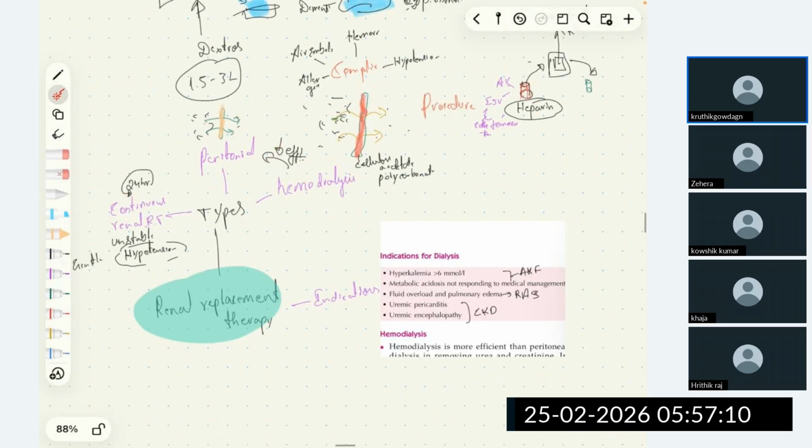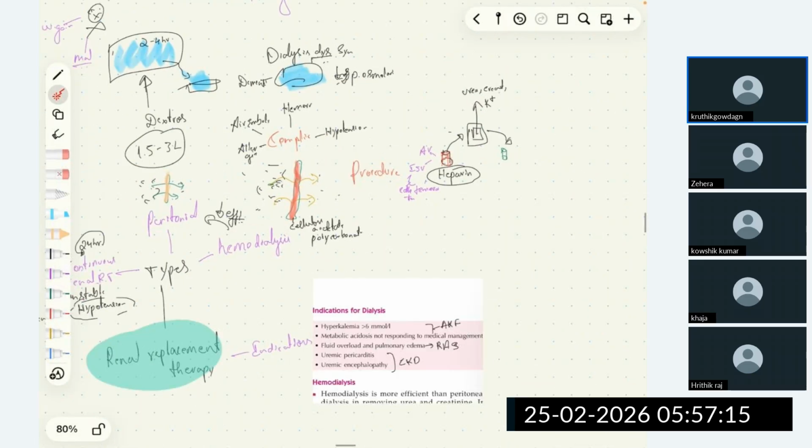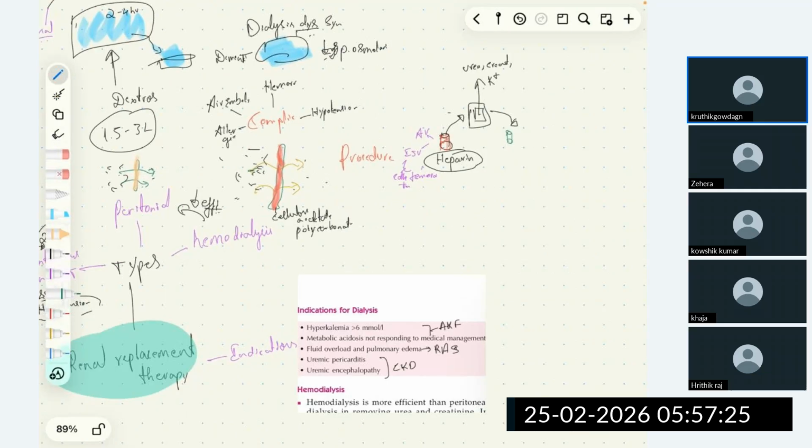What is hemodialysis? Okay, I'll first explain the principle. We have a solute concentration which is more, that is urea, potassium, and acids are higher inside the blood. We make the blood come in contact with a solvent which has a lower concentration of all these electrolytes through a semi-permeable membrane.